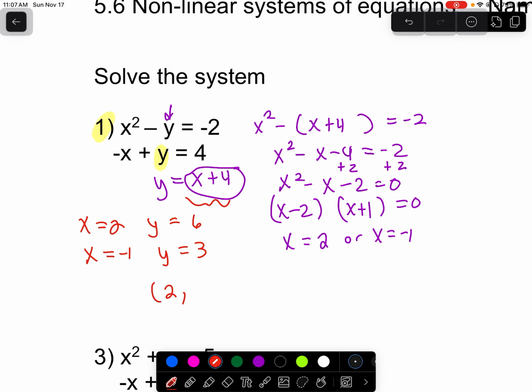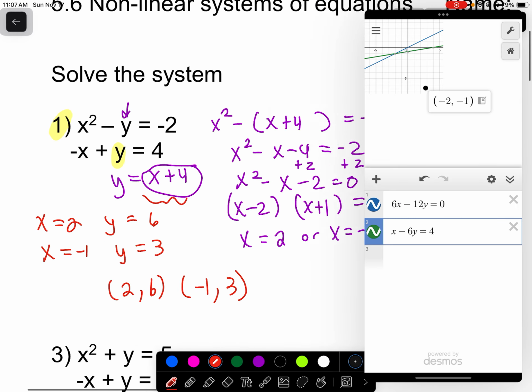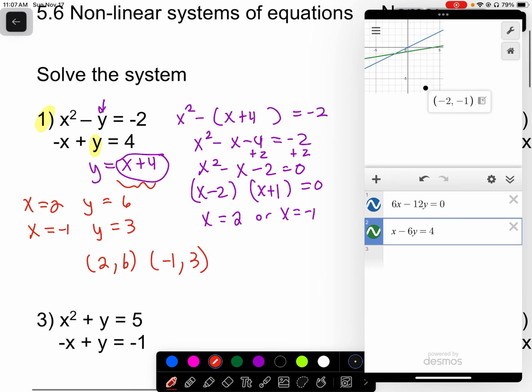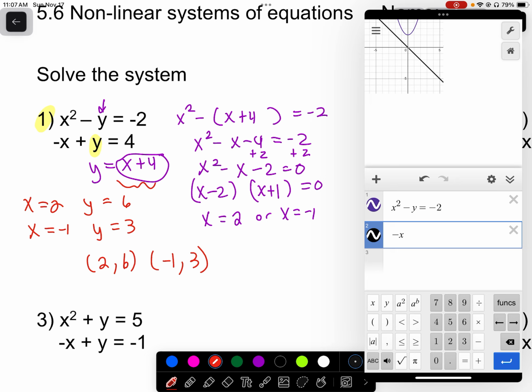So we should see that the line crosses the parabola in 2 spots. Now here's where an application like Desmos is very, very helpful. So let's go ahead and put in our first equation. And then let's put in our second equation.